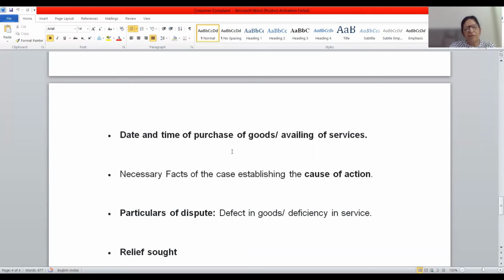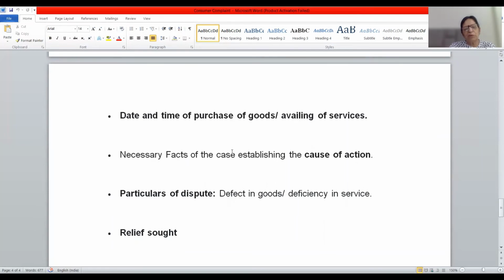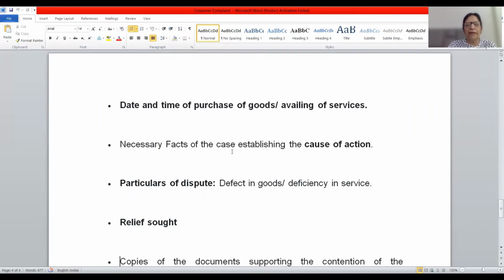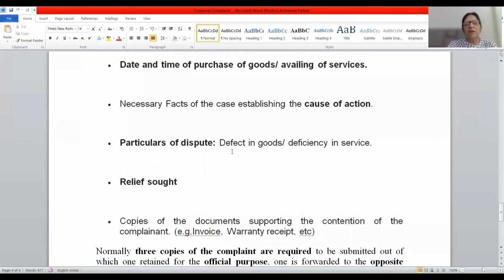And the relief which the complainant wants to seek should also be part of the complaint. Then copies of the documents supporting the contention of the complainant, that is, invoice, warranty, receipt, etc. Any supporting document has to be uploaded.